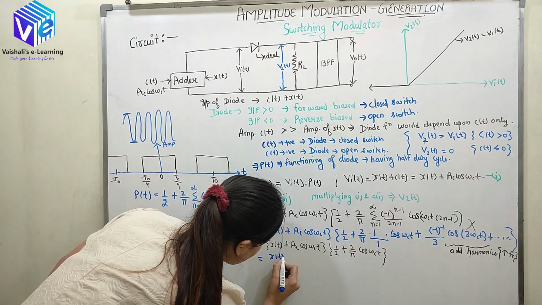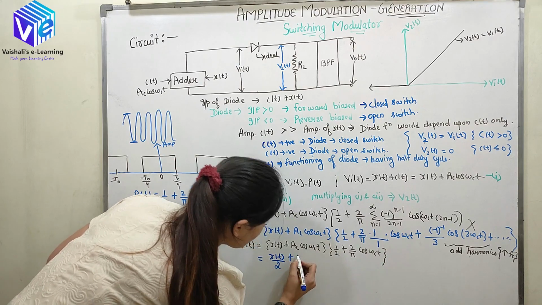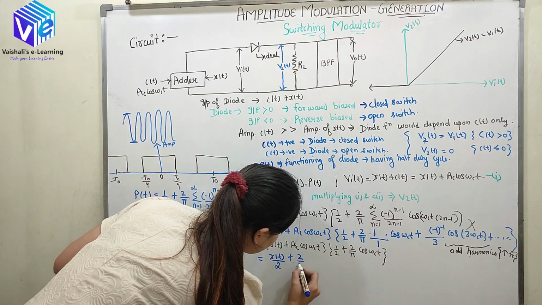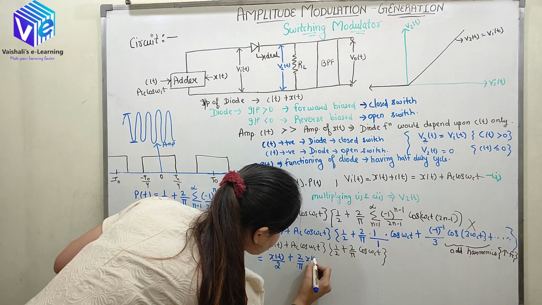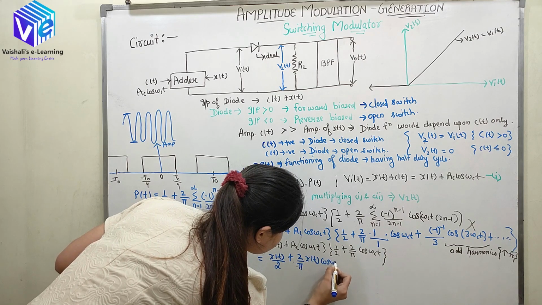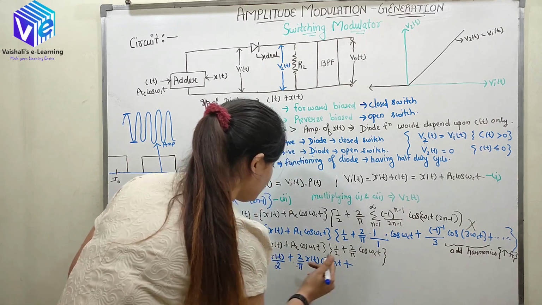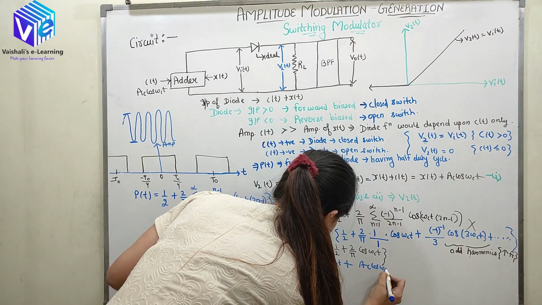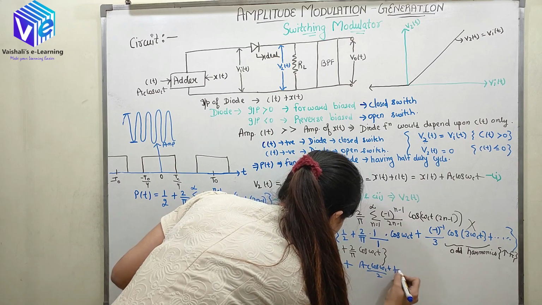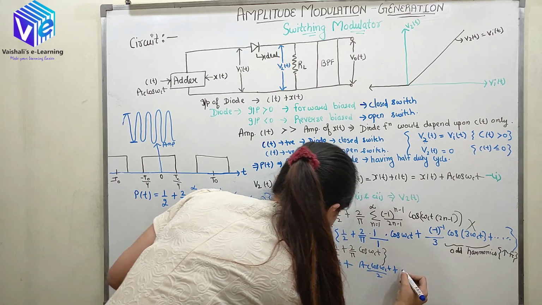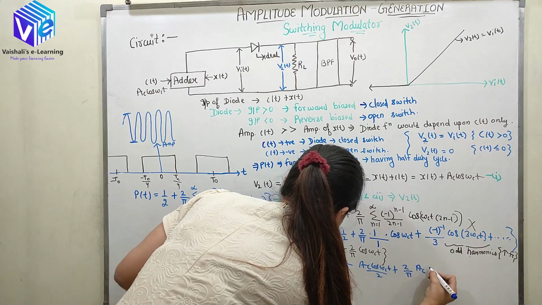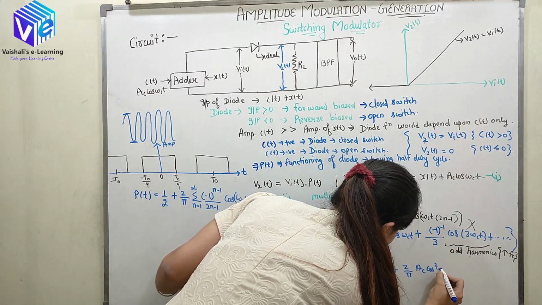So I am getting xt by 2 plus 2 by pi xt cos omega ct plus AC cos omega ct by 2 plus 2 by pi AC cos square omega ct.